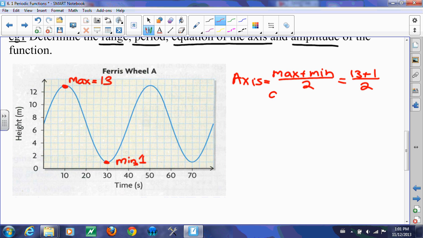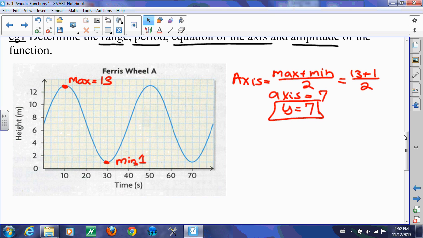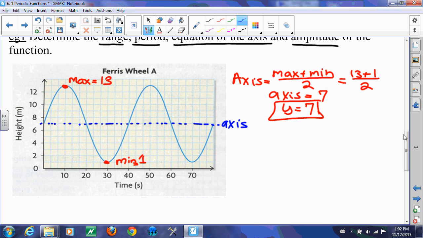So the axis is going to equal 7, and you're going to say y equals 7. Once we've got our axis, we can draw it in here. Notice it's at 7, so that's where we get that from.